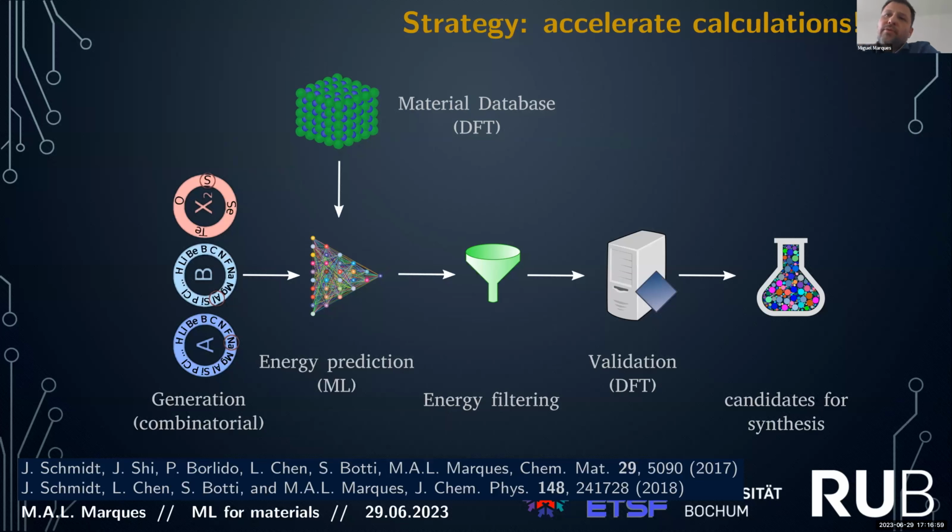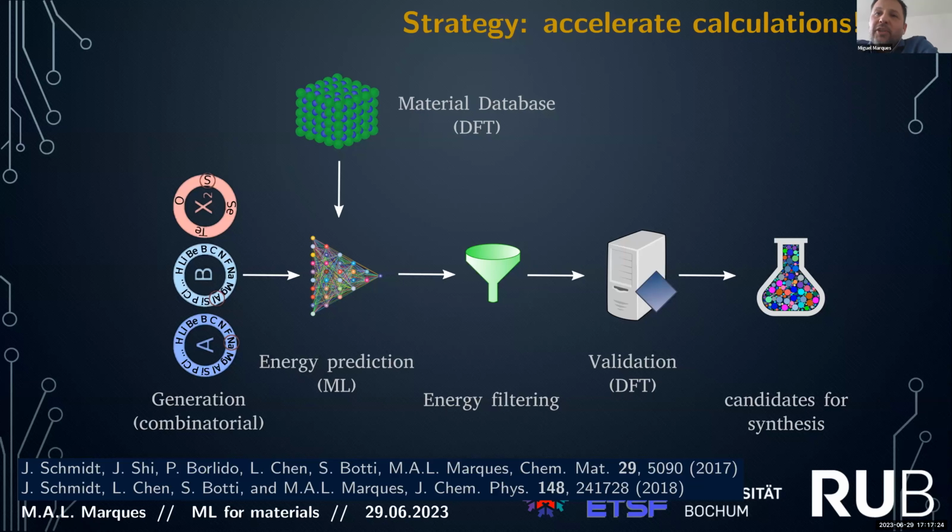We use them to train a neural network. Again, I will give you more details later. This neural network will just try to reproduce the density functional theory results. The advantage is that it's much faster. So we can emulate the density functional theory calculation maybe 1,000,000 times faster than if we had to do it.